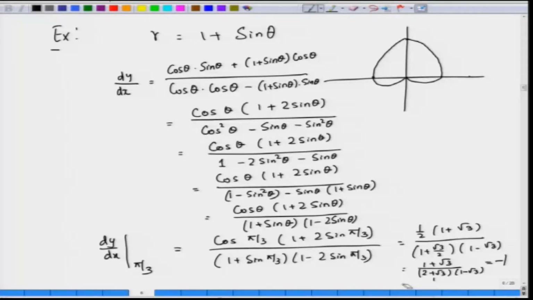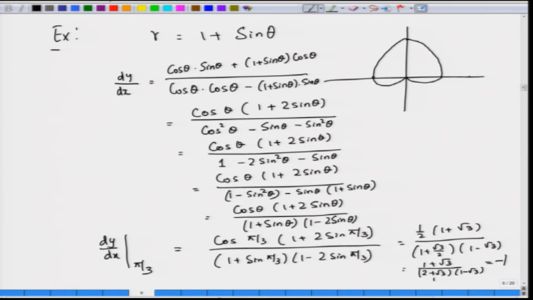Okay, in the last lecture, we were computing the slope for the cardioid, and what we have found is this. Let me recall that dy by dx is cos theta into 1 plus 2 sin theta divided by 1 plus sin theta into 1 minus 2 sin theta.